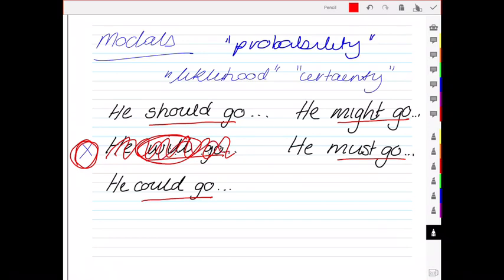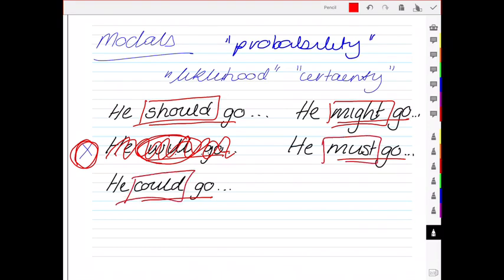Words like should, could, might, on the other hand, are considered modal auxiliaries. And so there's a fairly narrow group of words. So should, might, must, and could all help the main verb to go in these sentences.